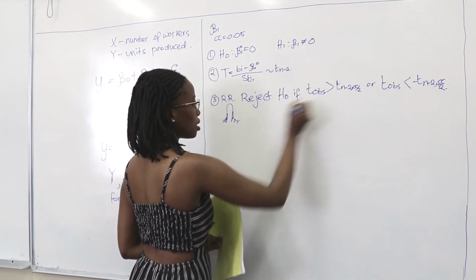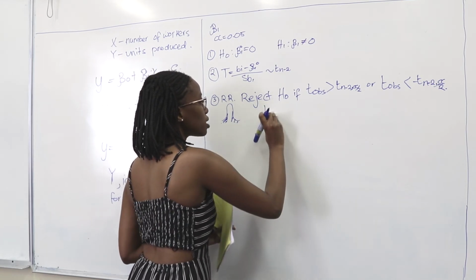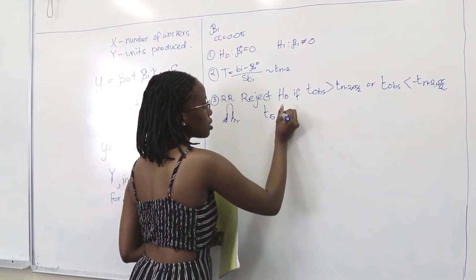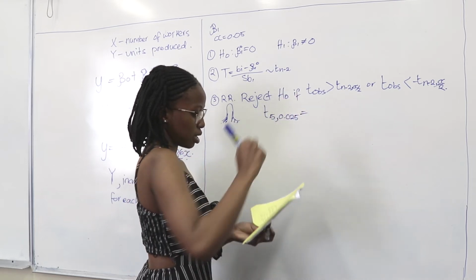So our T n minus 2 is T of 5, 0.025. What are we getting for that?